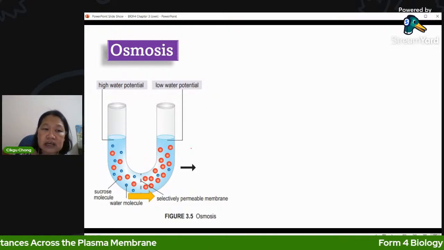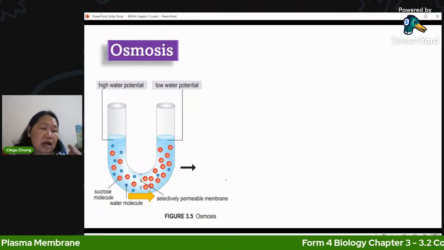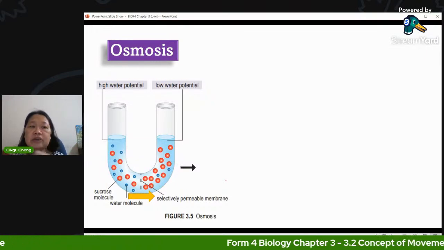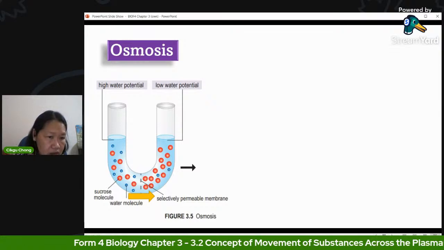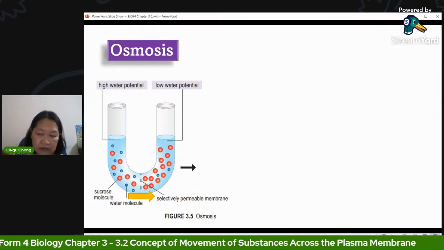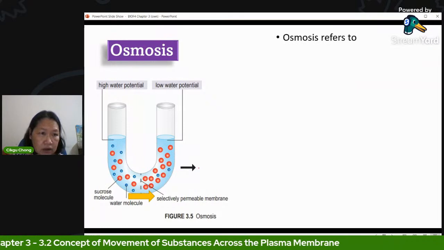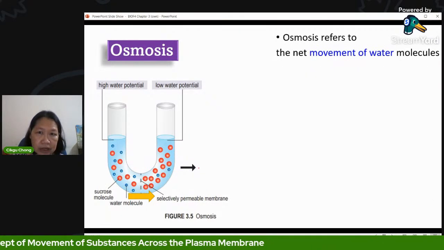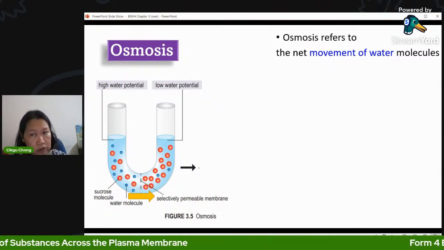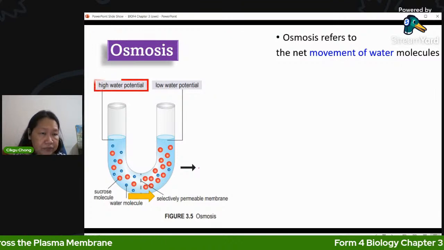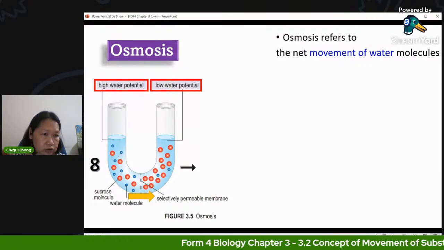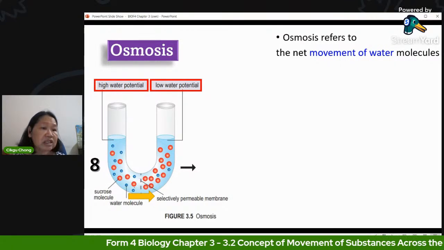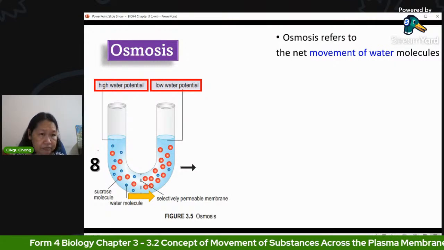You put on the left-hand side a solution that has high water potential. That means more water molecules. So you can count here. The water molecule is the one in blue. So on the left-hand side, you see got how many? Osmosis refers to the net movement of water molecules. On the left-hand side, got 8: 1, 2, 3, 4, 5, 6, 7, 8 molecules of water.